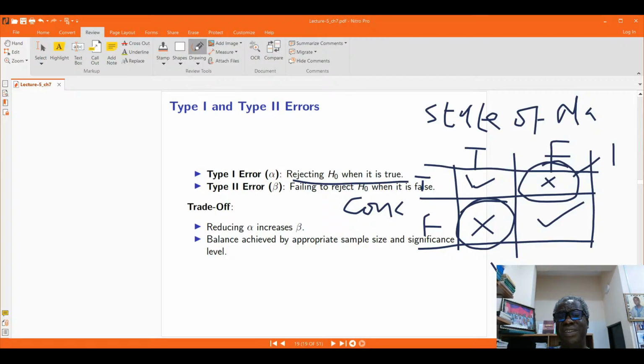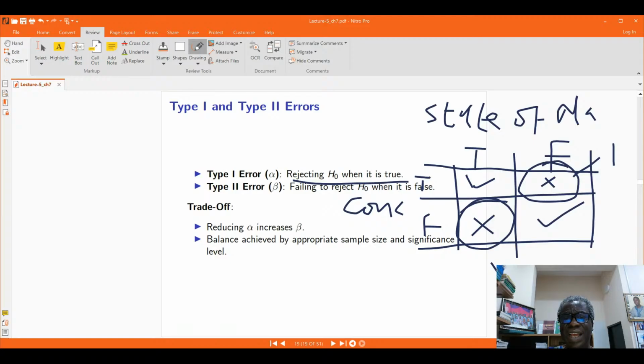Therefore, you have to see how you will ensure a judicious balance between these two errors. And that can be achieved only by taking an appropriate sample size and also choosing the right significance level.